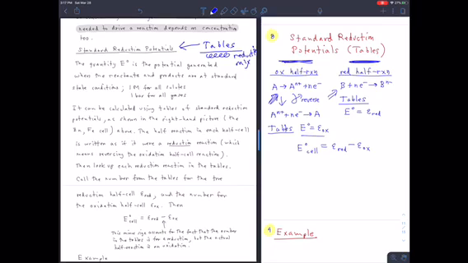And then you can look up the value in the table, and you can also look up the value for the reaction that's happening on the reduction side. And then because you reversed the direction on the oxidation side, you don't add these two together. You subtract them. You subtract the reduction value from the oxidation value. That minus sign is accounting for the fact that we were really doing an oxidation on the one side.